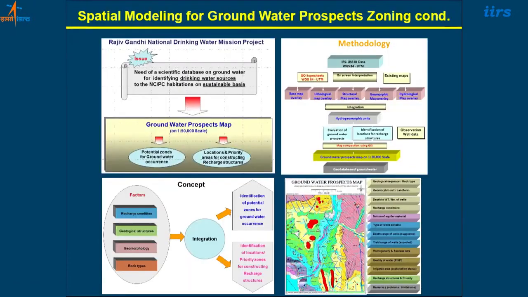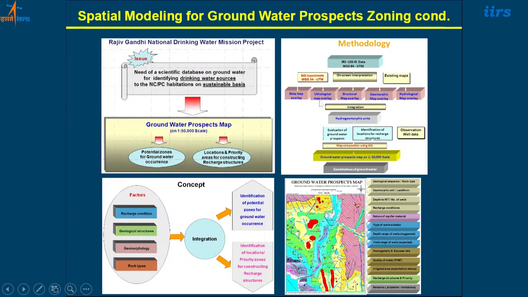One example is groundwater prospect zoning. You can see different factors here; we integrate them together and create a map like this. So there is a complete methodology. With the satellite image, the Survey of India topo sheet, some digitization, and some existing maps, we created the base maps over here.